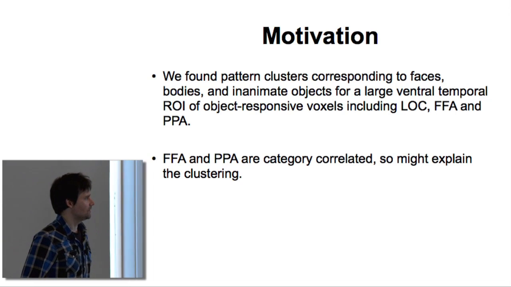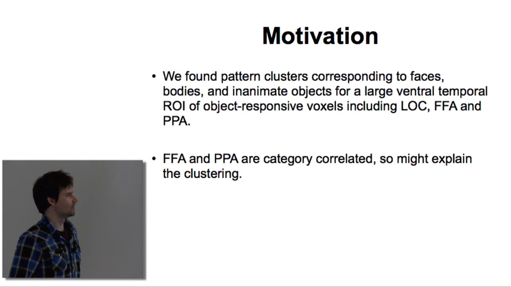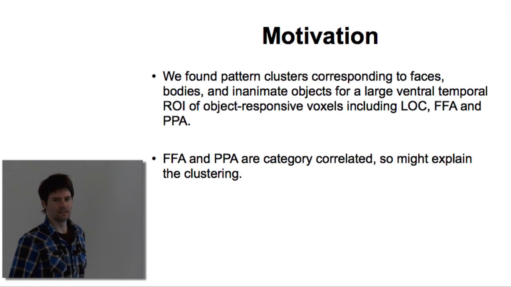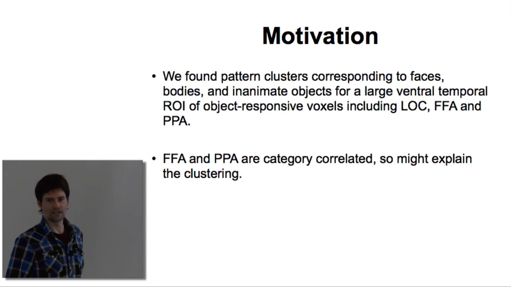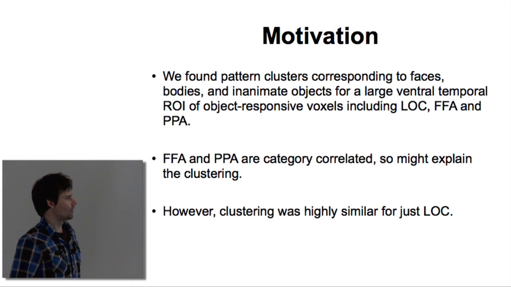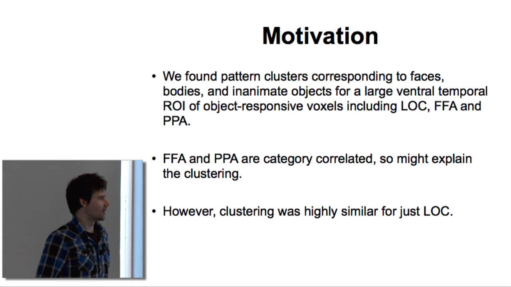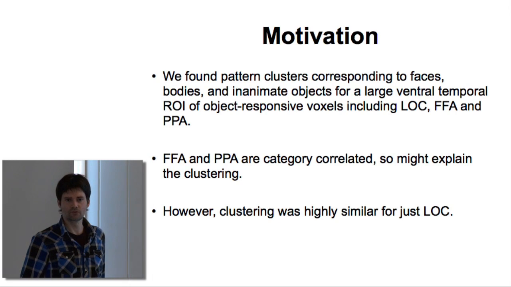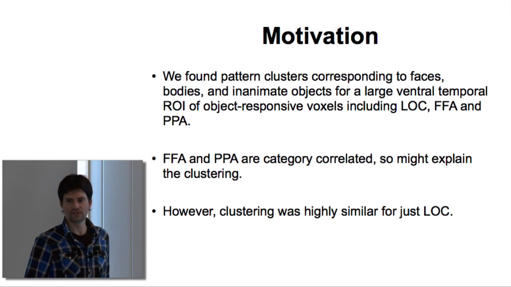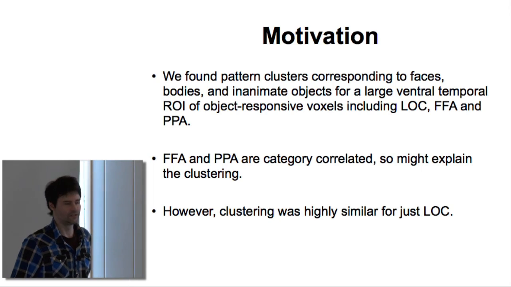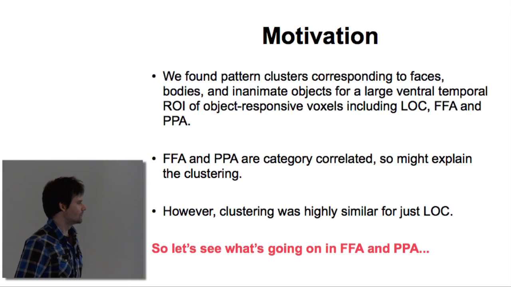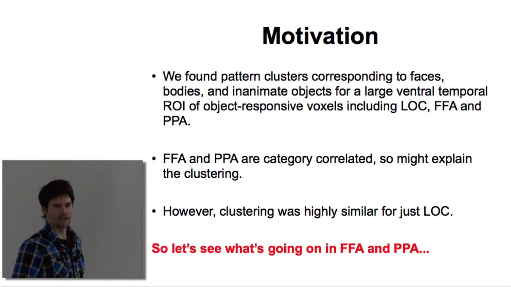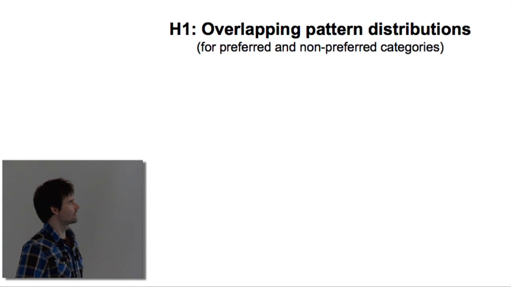FFA and PPA are known to be category correlated, so they might explain this clustering to some extent, potentially, right? However, when we removed them from this ROI or looked just at LOC by itself, the clustering was very, very similar, essentially the same at a qualitative level. So here we want to have a look at what's going on in FFA and PPA, this clustering.